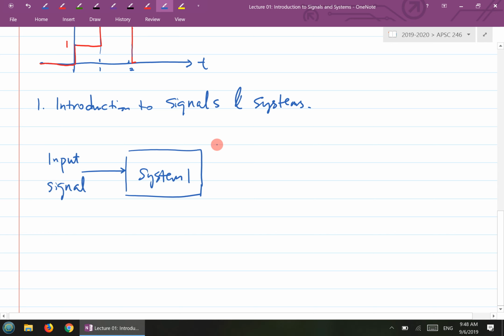A system has to have output. Okay. So that's the first type of system. For this system that I just sketched here, I only have one input and one output. And this is what we call a single input and single output system.